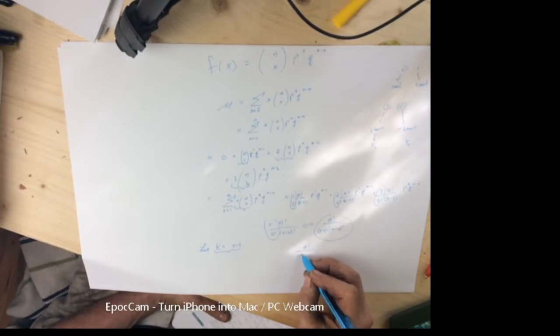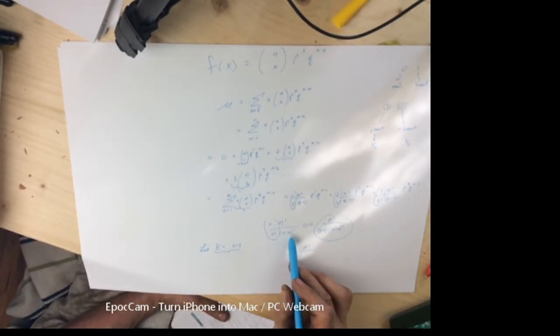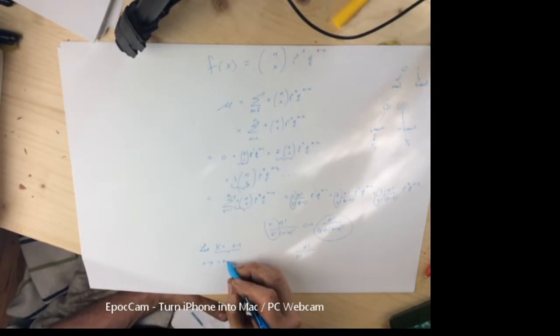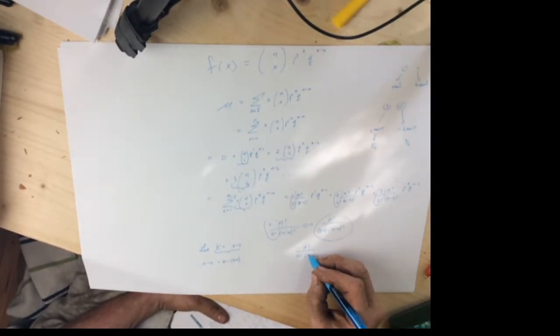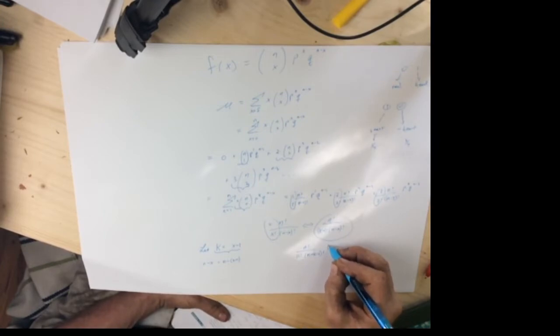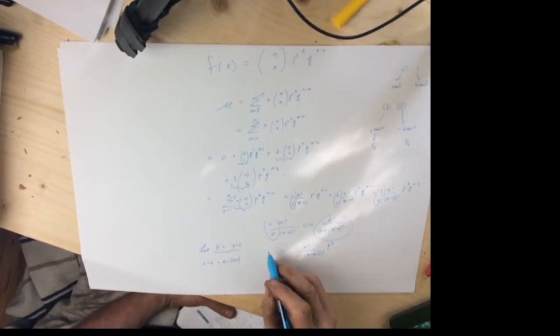I now have a k factorial in the bottom, and n minus x, well, x is k plus 1, so that'll be n minus k minus 1 factorial. P to the k, is that a p to the, yep.